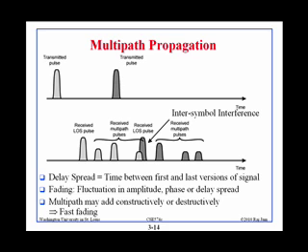So anyway, the summary of this slide is that whenever you send something, depending upon the environment, what is surrounding you, you will get multiple copies of the symbol, and we have to find out how long the maximum delay spread is before we can decide how fast we can speak. How many bits, how many symbols we can send.